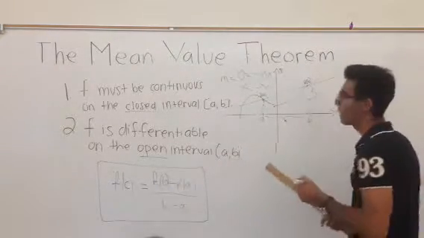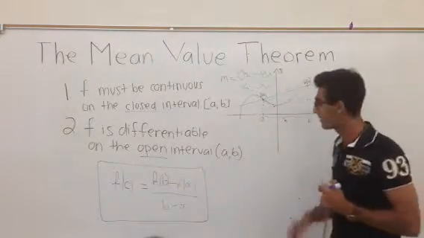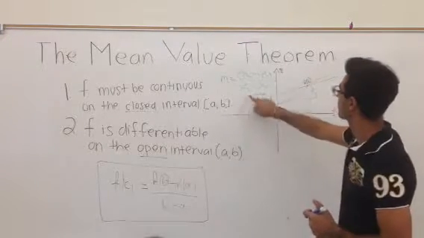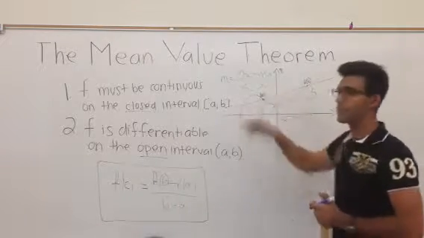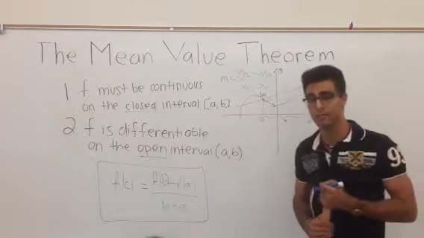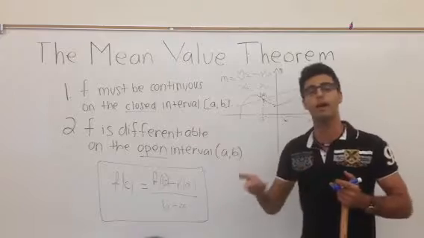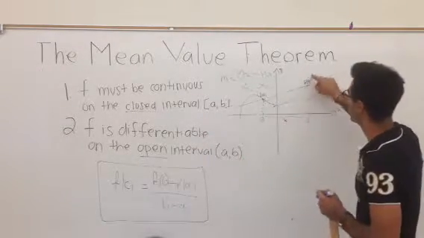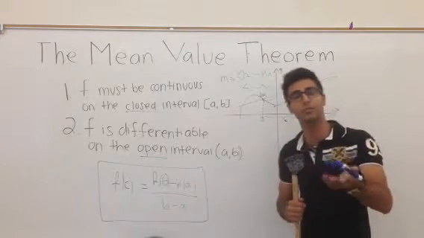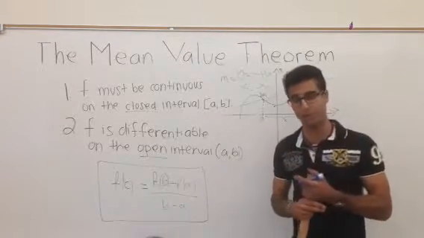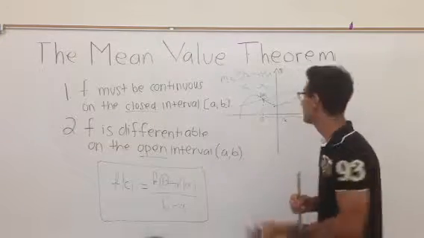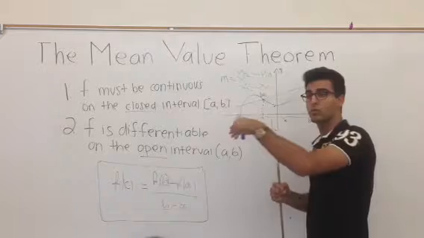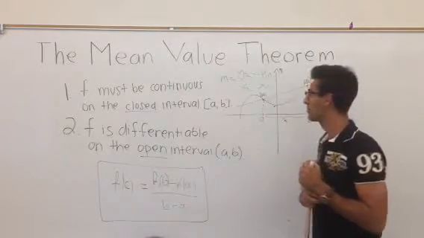So maybe an application would help to understand this concept. Let's say this black function here is a graph of velocity. I ride my bike to my friend's house, and when I arrive at f of b, he asks me for my average speed. My average speed would be nothing else than my average slope from my house to my friend's house.